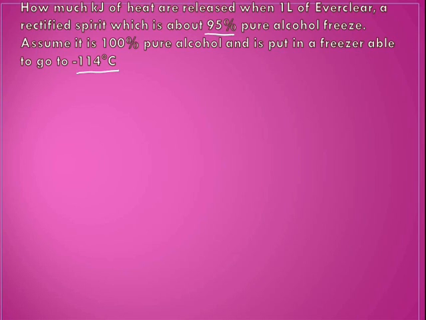So if we are actually to freeze a liter of this potent Everclear, how much heat must be taken away from it? How much heat must that freezer work at removing from your Everclear?